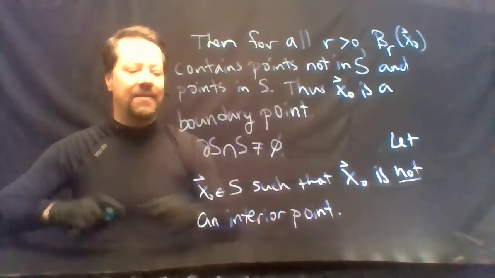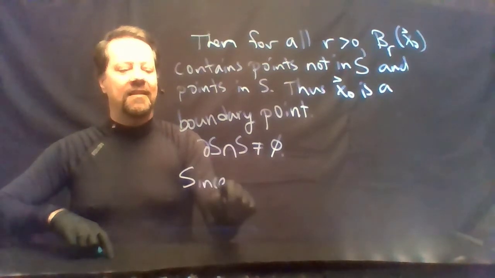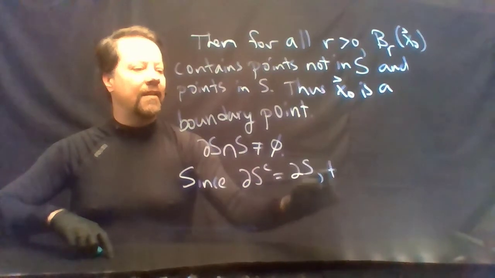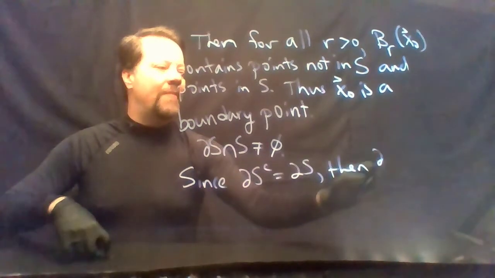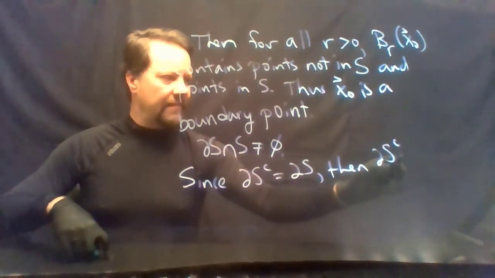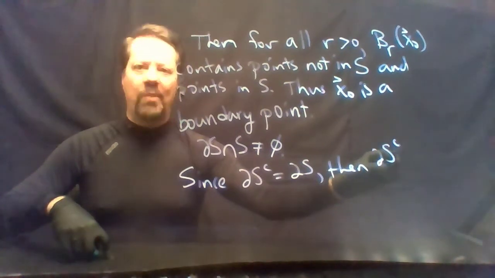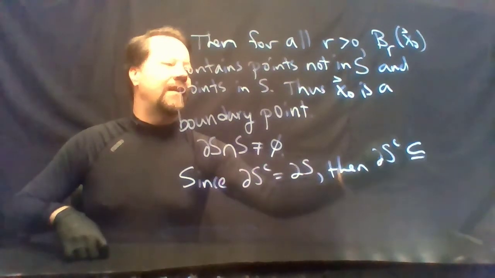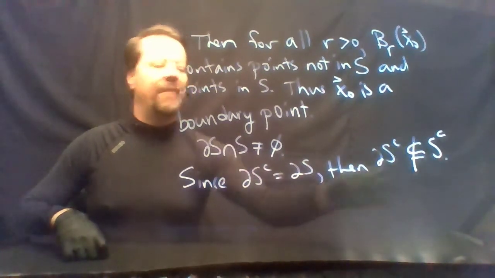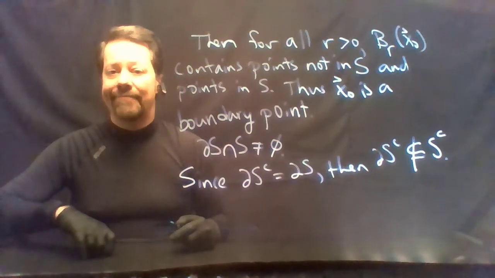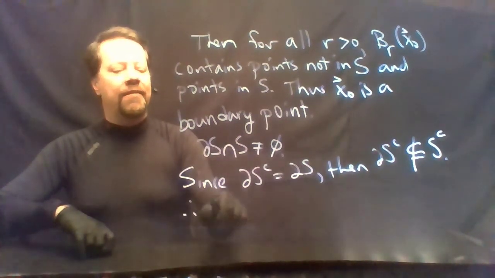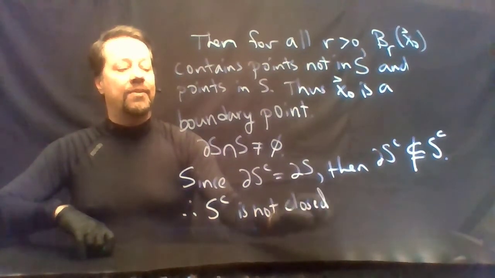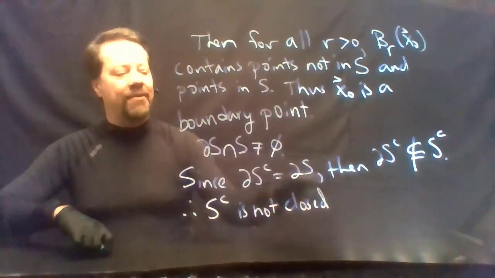That also implies that since the boundary of S complement is the boundary of S, then the boundary of S complement has points not in S complement. It's not a subset of S complement because it has a point inside of S. Therefore, S complement is not closed because it does not contain all of its boundary points.